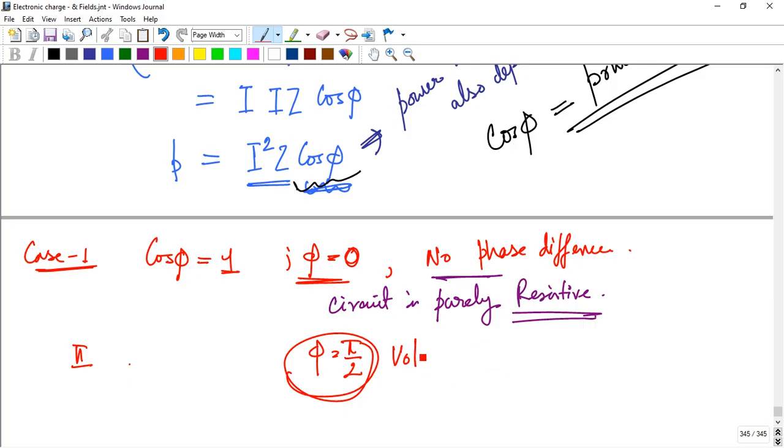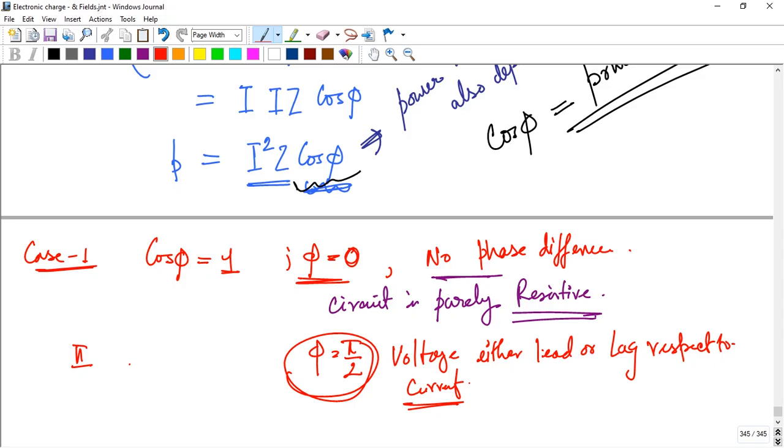Voltage either leads or lags with respect to current. So it is either a pure inductive circuit or a pure capacitive circuit.